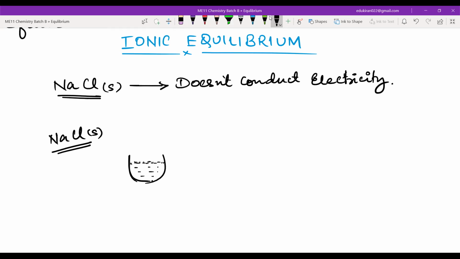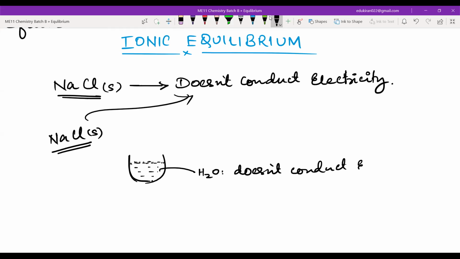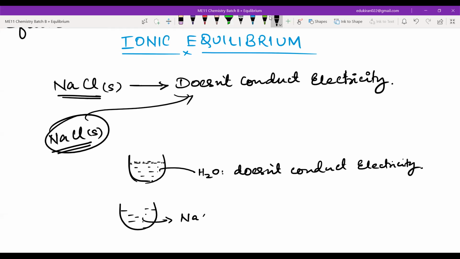So you had NaCl, which does not conduct electricity. This is water, H2O. It also does not conduct electricity. But when you added both of these things, NaCl into water, now this water is going to conduct electricity.